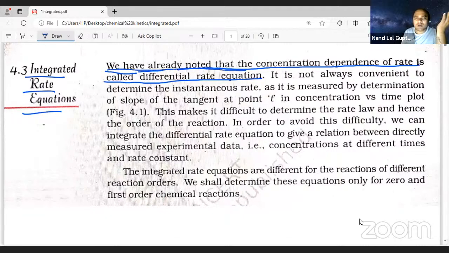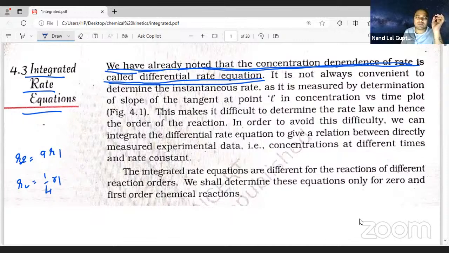When we change the concentration 2 times, the rate is going to change. Sometimes R2 was becoming 9 times R1, or R2 becoming 1 by 4 times R1. When you increase or decrease the concentration, the rate also varies. That is what they are talking about.